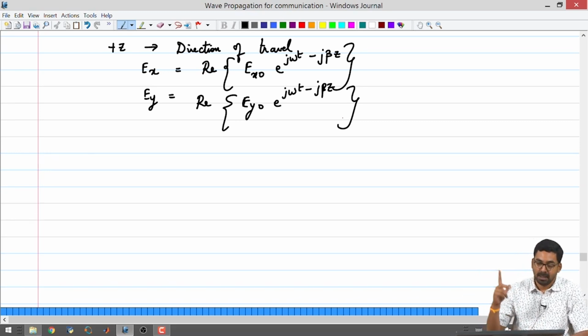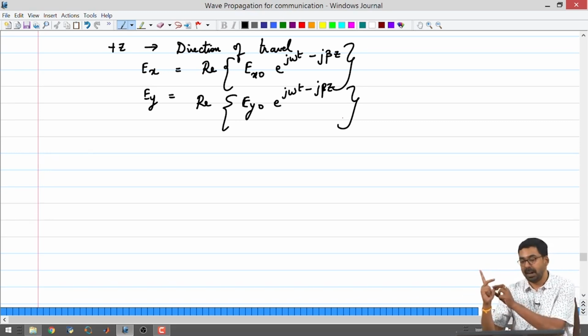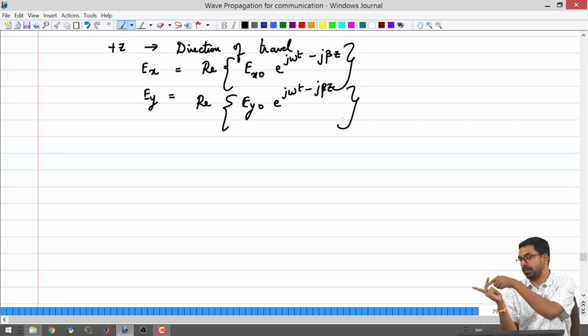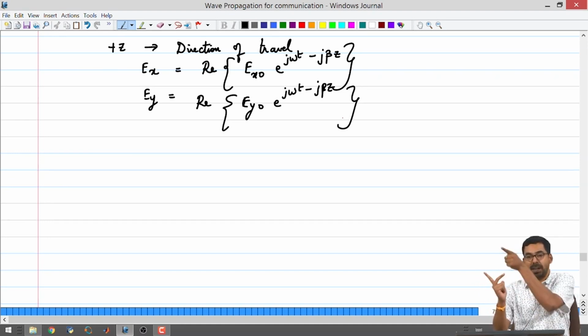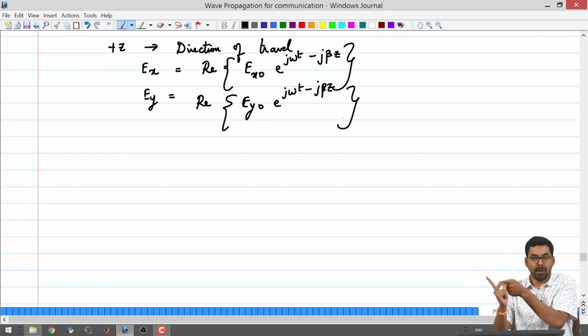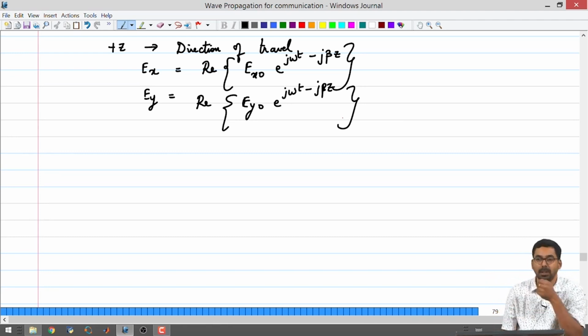Now, your direction of travel is in one way, and the electric field is rotated. It is quite possible that both the x and y components of the electric field may or may not have the same phase. This is something to think about.